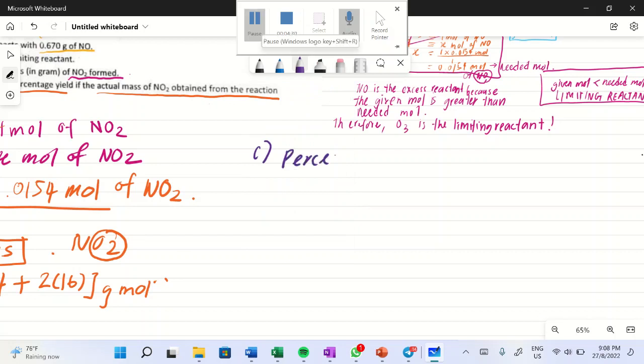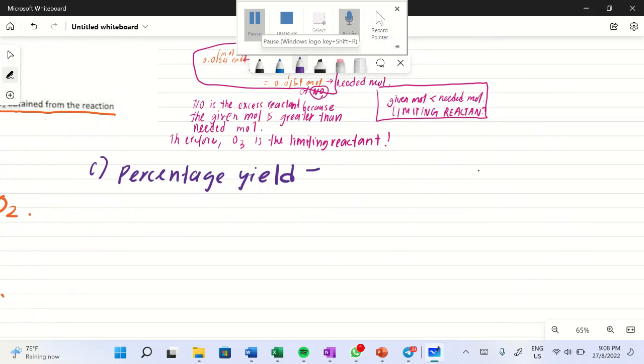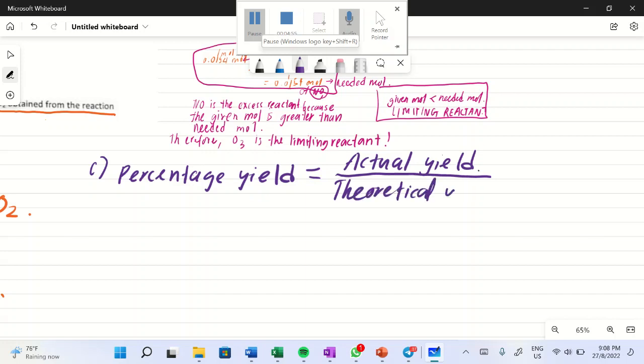The question asks for percentage yield. So the formula for percentage yield is actual yield over theoretical yield times 100%.